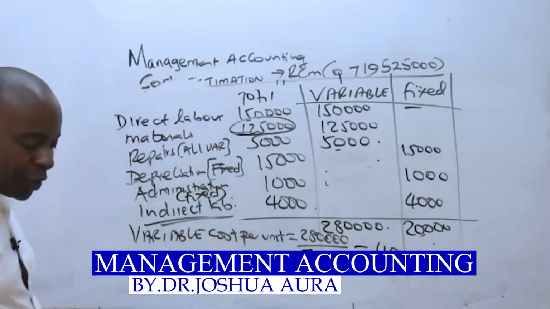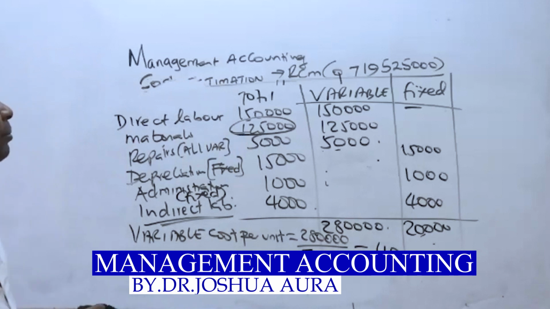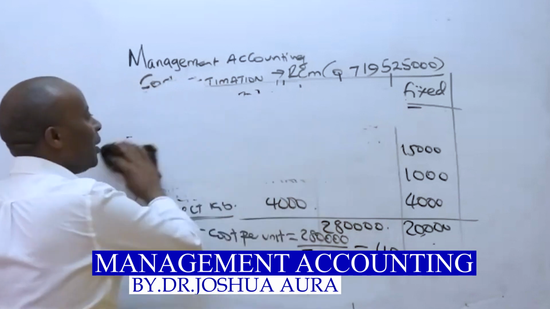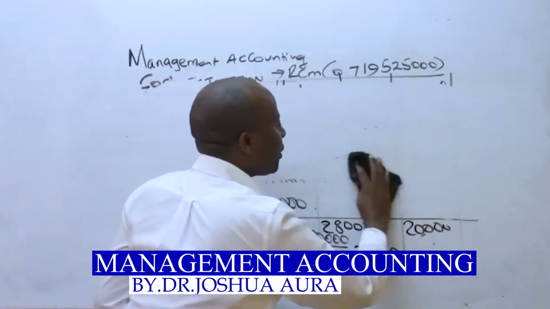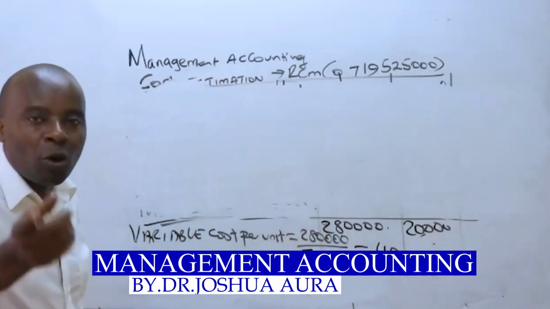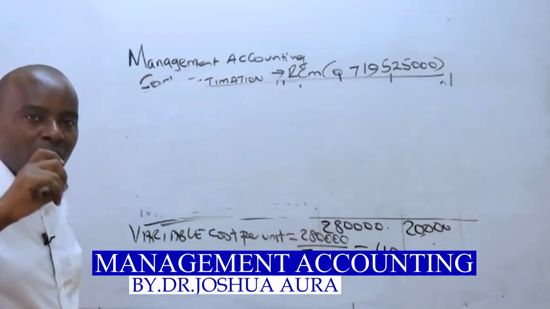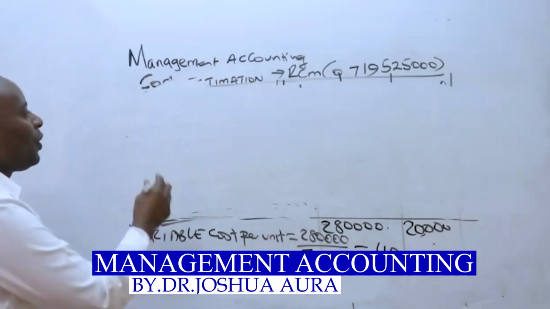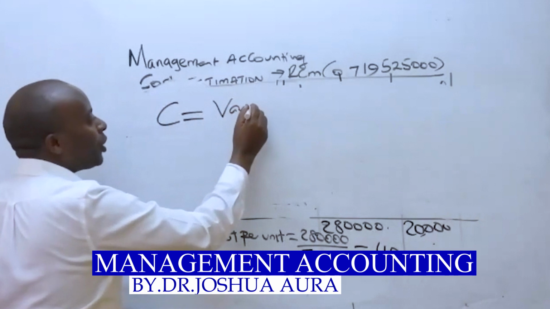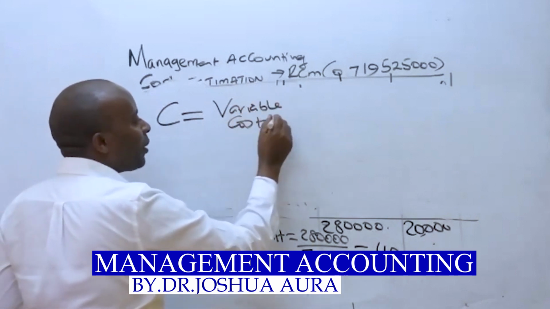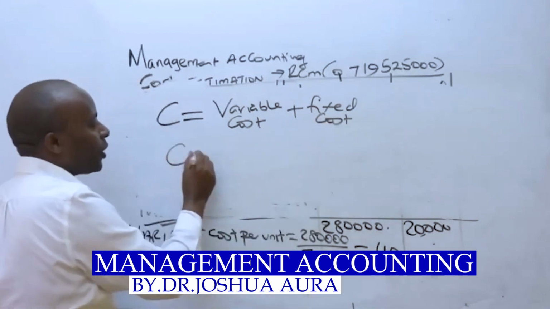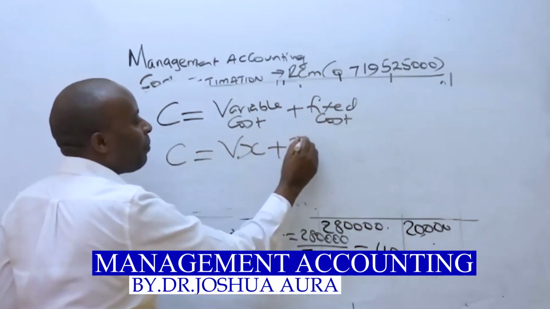Now, once I have 40 per unit, remember exactly what I'm supposed to be doing. This is the account analysis method of cost estimation. In the account analysis method, I know that cost should be variable cost plus fixed cost. So this will be VX plus fixed cost.